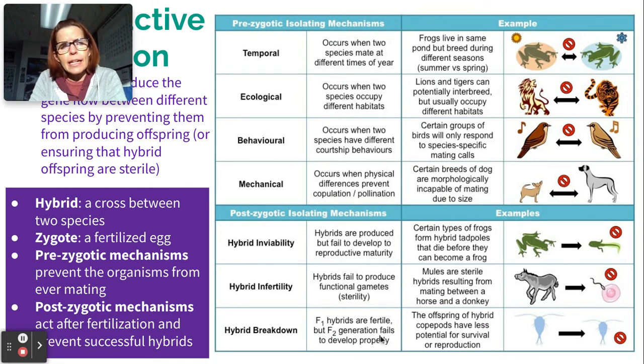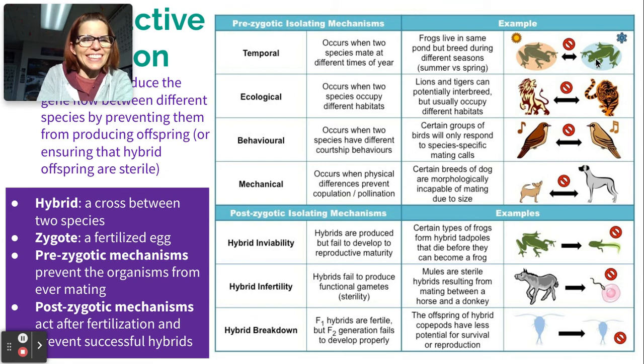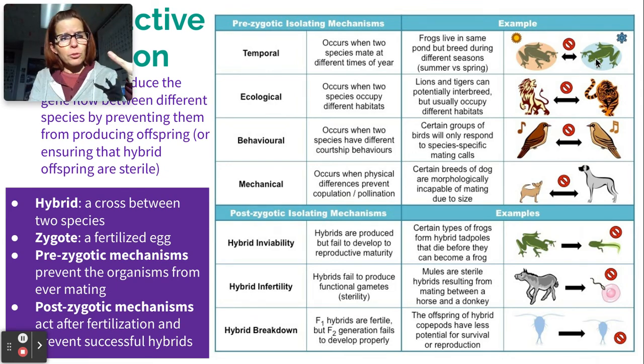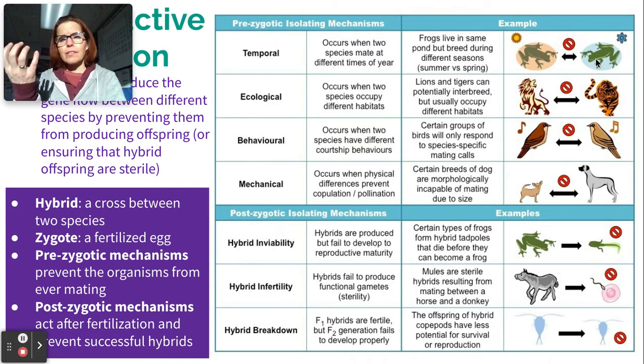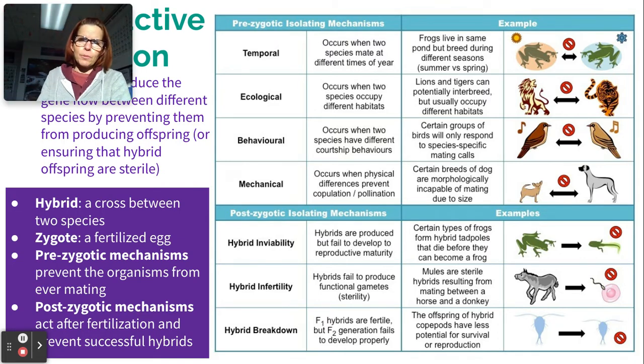So pre-zygotic would include temporal, ecological, behavioral, and mechanical mechanisms, and there's more than this. So temporal implies that they are not fertile at the same time of year. So in this case, these frogs like to mate in the daytime, in the summertime, and these frogs mate later in the year. You might see flowers that come into bloom in the early spring, some bloom in the middle of the summer, some bloom in the late fall.